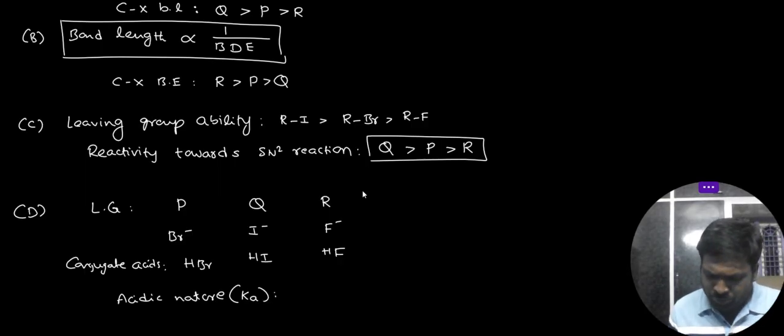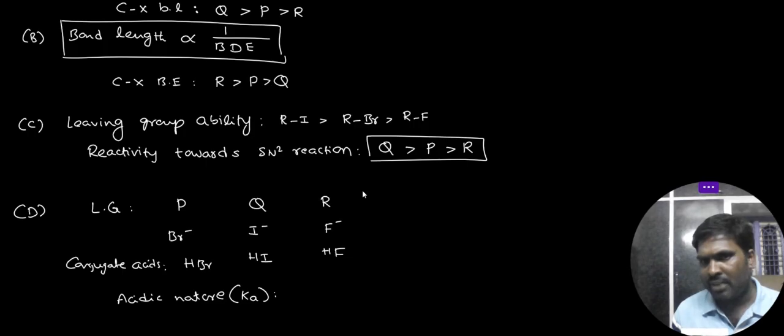Which is the stronger acid? Where bond length is greater, that will lose H plus ion effectively. Hydrogen iodide loses H plus effectively because iodine is bigger than bromine, and bromine is bigger than fluorine.